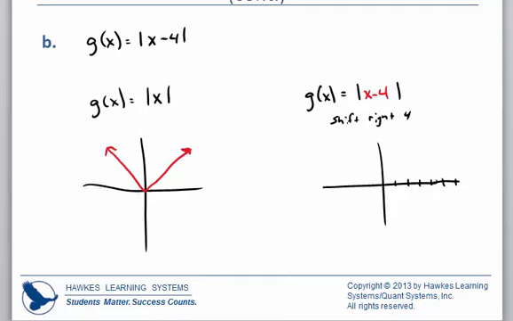So instead of the graph coming down and touching at 0, 0, it's now going to come down and touch at 4 on the x-axis. And so our graph will look something like that.